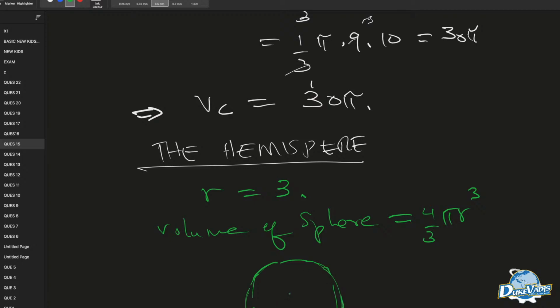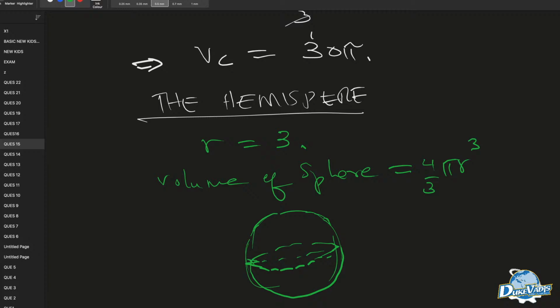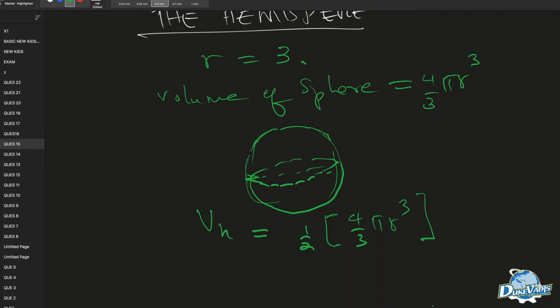When we divide it by 2, that will be the hemisphere. So the volume of the hemisphere, VH, should be half multiplied by the volume of the sphere. When we simplify, we get 2 over 3 pi r cubed.